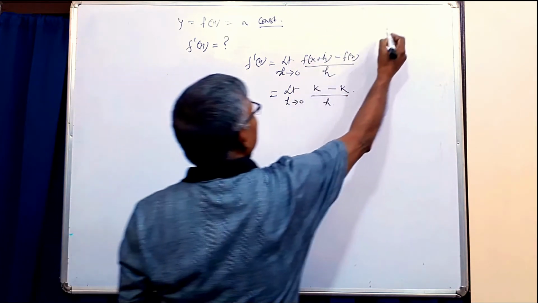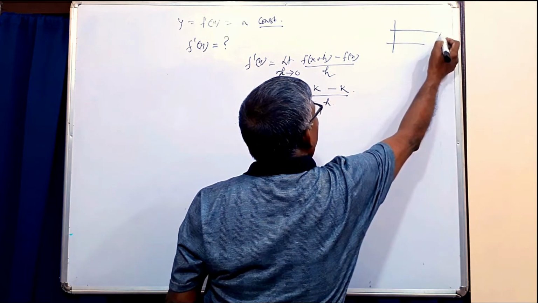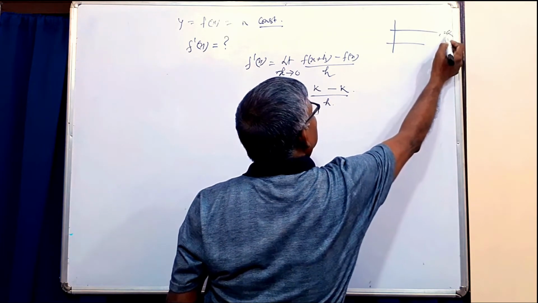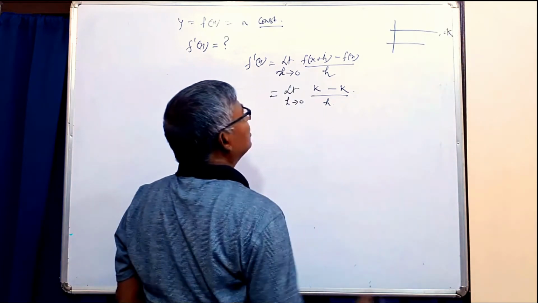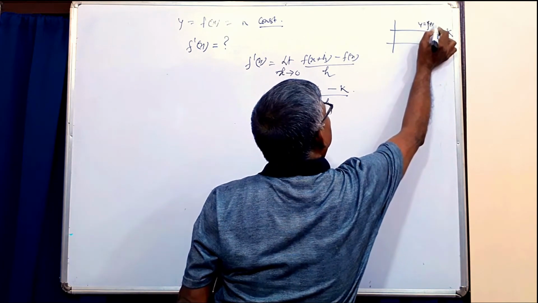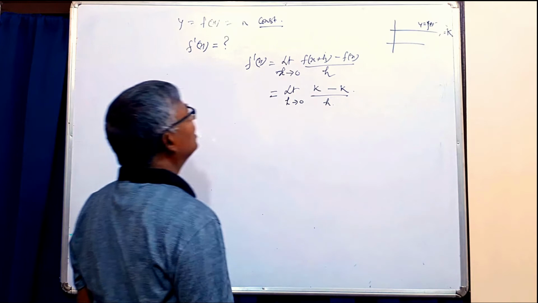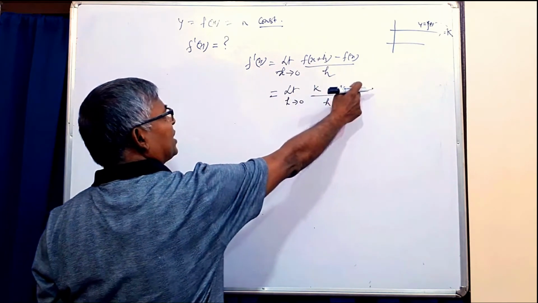A constant function is y equal to k always, or we can write y equal to f(x) equal to k. So f(x plus h) equals k, and also f(x) equals k.